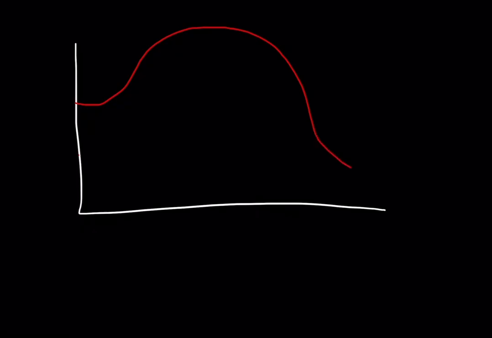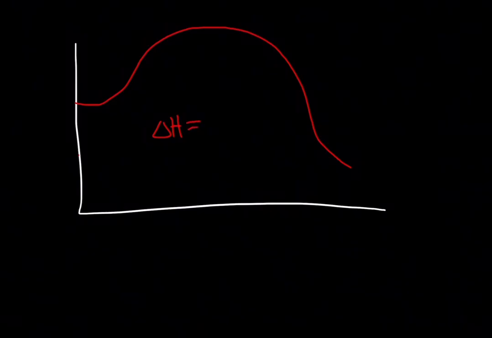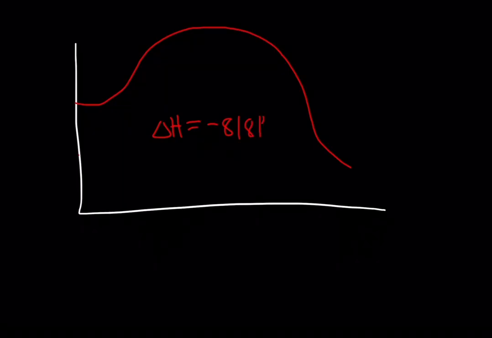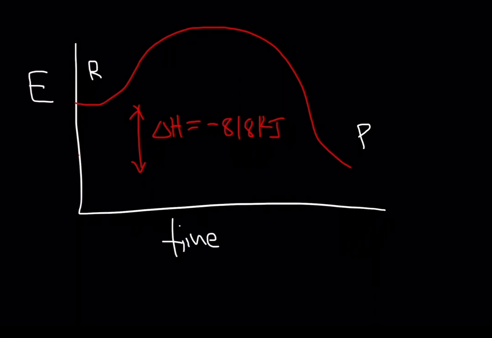The enthalpy change, delta H, is negative here. Last time, we had negative 818 kilojoule for our reaction. So it's here. So we have a net loss of that energy. And you have a product here and then a reactant. This is always energy, and this is time. This is what it looks like.